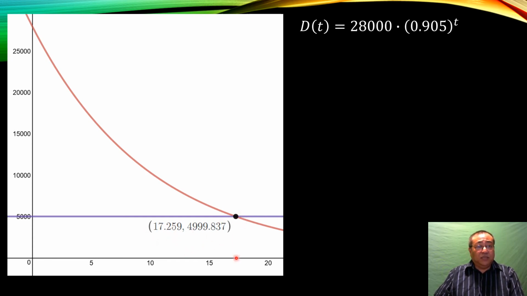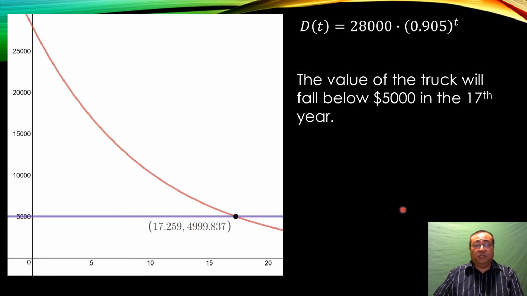So it's a little bit after year 17, or during the 17th year, this truck will be worth $5,000 or less. The value of the truck will fall below $5,000 in the 17th year. So that was the formula: initial amount times whatever the rate is to the t power, and t here is representing years.